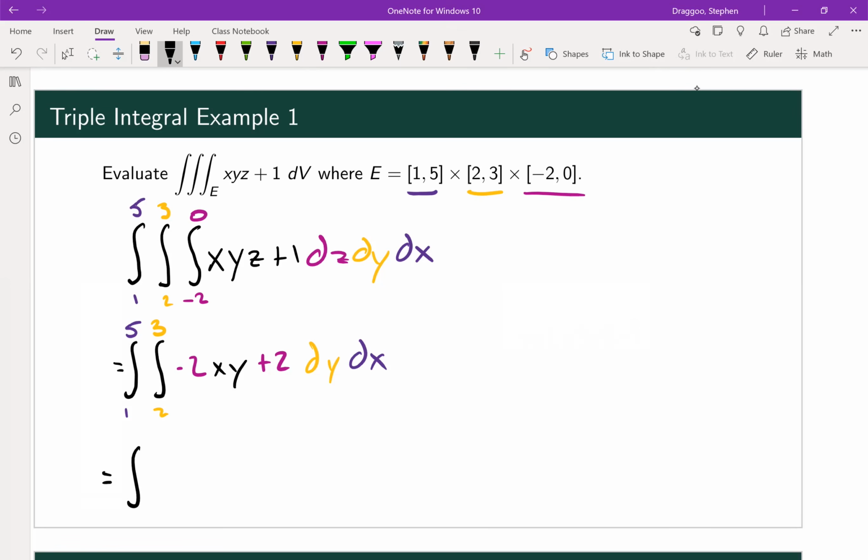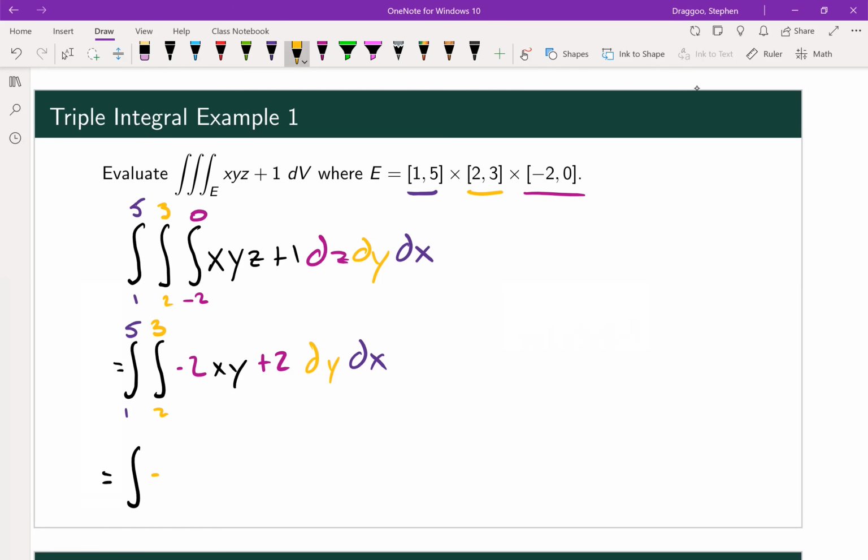So what do we get if we integrate this thing with respect to y? Well, we'll get -2xy squared over 2, so just -xy squared plus 2y, and we're going to plug in 2 and 3. So if we do 3 squared minus 2 squared, 9 minus 4, that's 5.